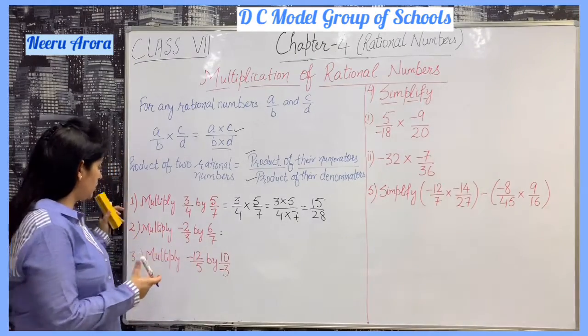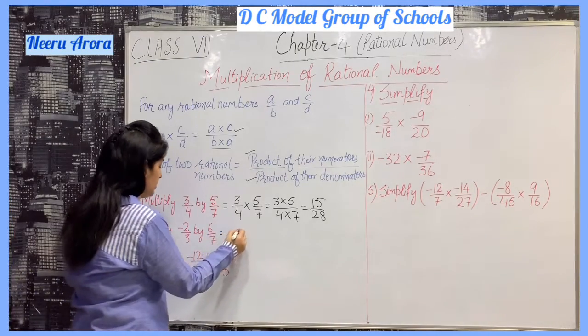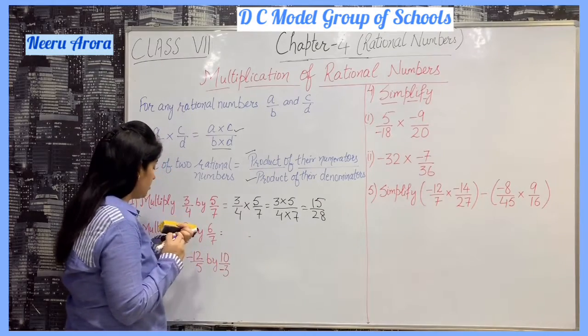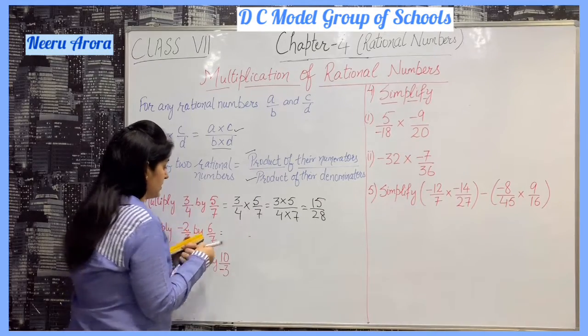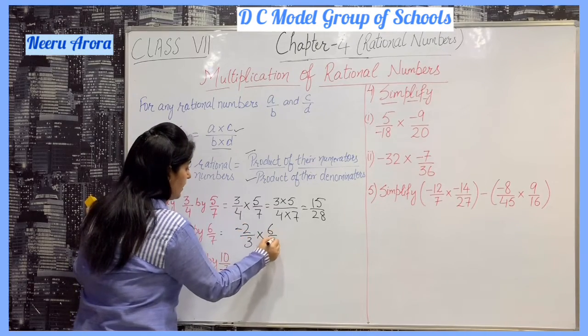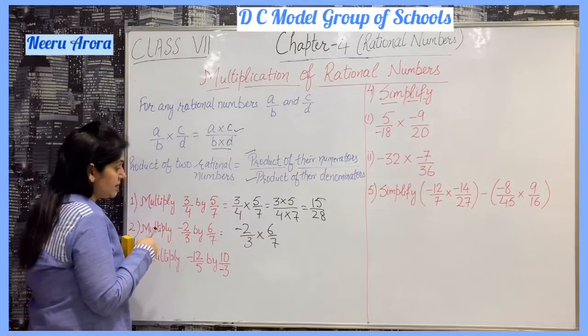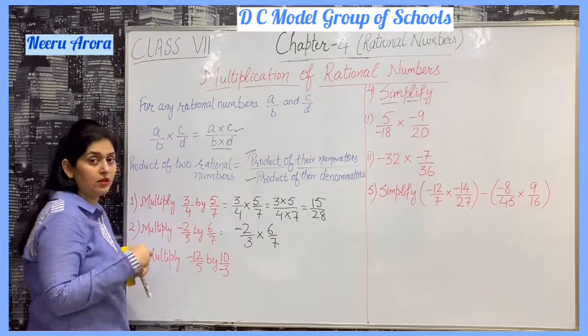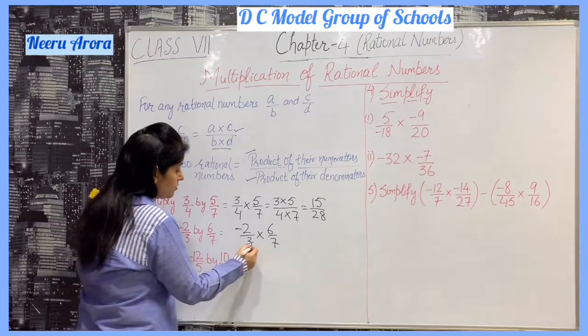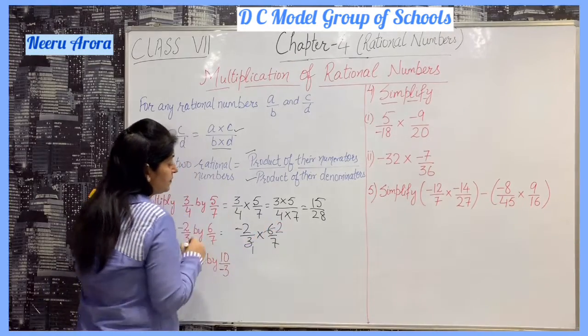Look at the second question. Multiply minus 2 by 3 by 6 by 7. Check, is there any term that we can cancel? As I told you, we have done this in fractions also. Here we can cancel: 3 ones are 3, 3 twos are 6.